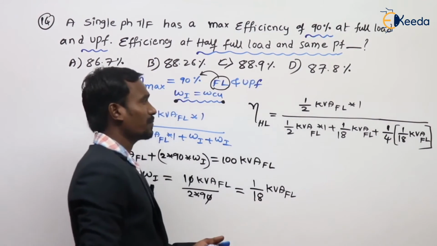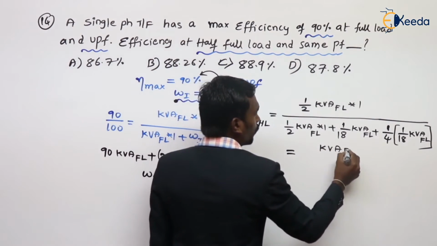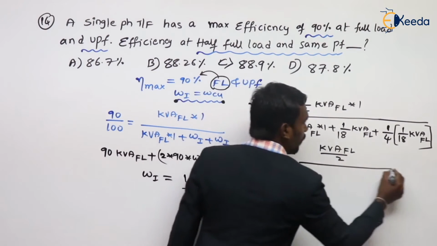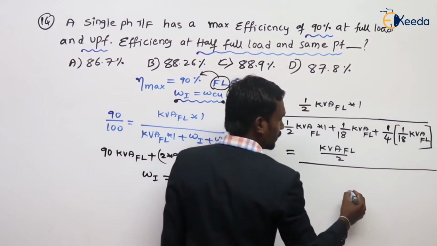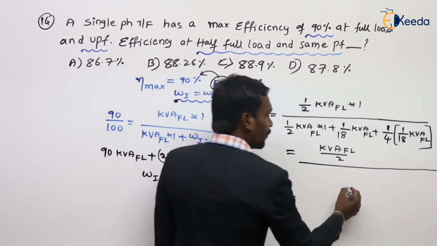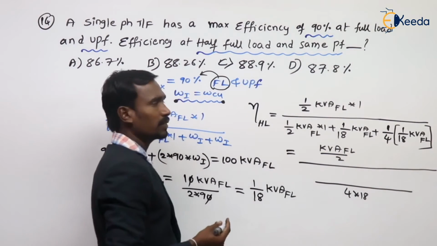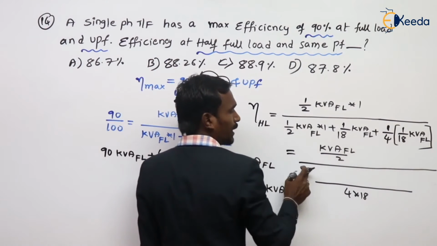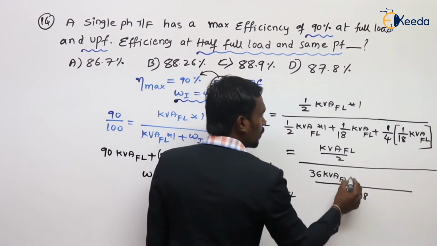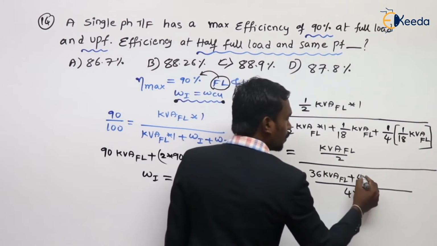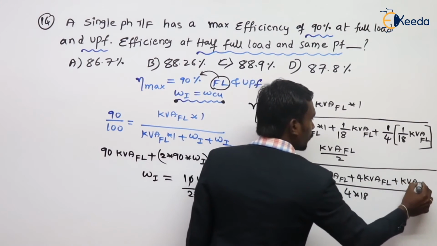Now simplify this. What is the answer here? The kVA full load by 2 upon, here 2 is there, here 18 is there, here 4 into 18 is there. So what is the LCM? 4 into 18 is the LCM. And here only 2, so 2 into 18, nothing but 36 times kVA full load, plus here 18, so 4 times kVA full load, plus kVA full load.